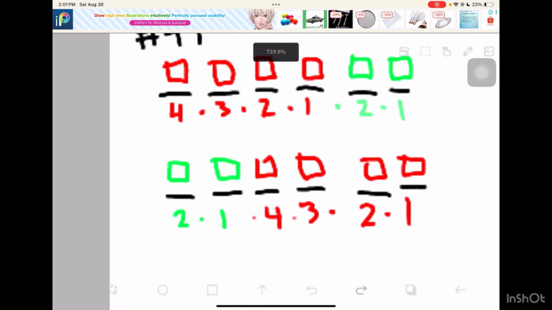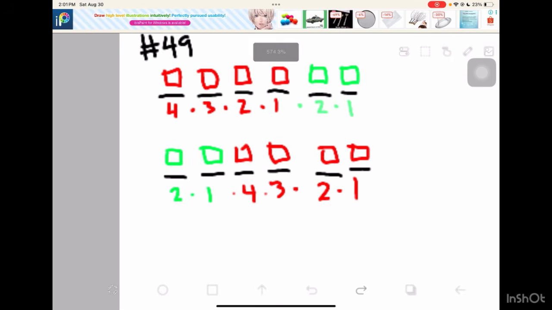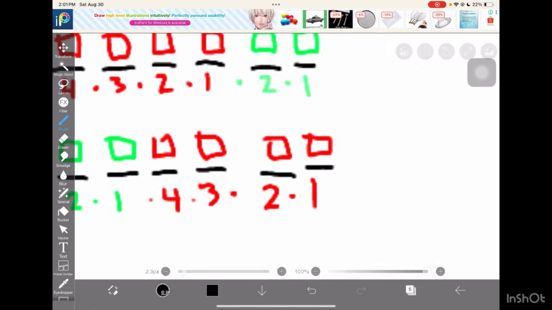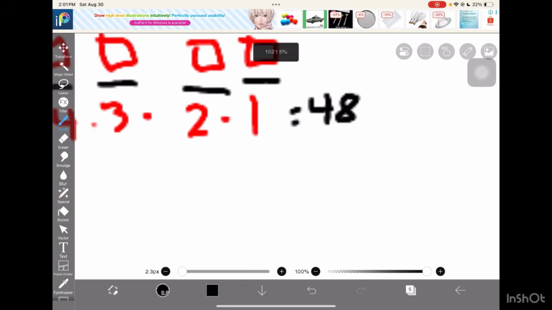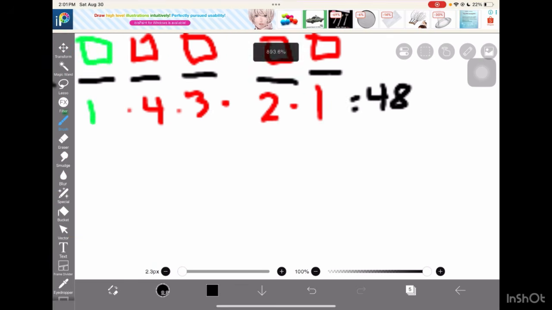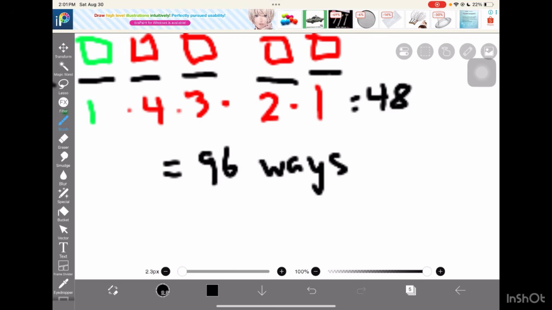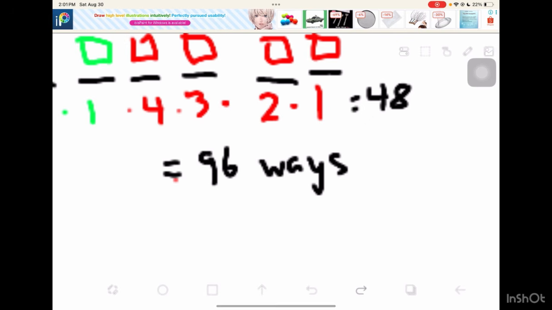So 4 times 3 times 2 times 1 times 2 times 1, and we have 2 different cases. That's equal to 96 ways. And that is going to be our answer for number 49.